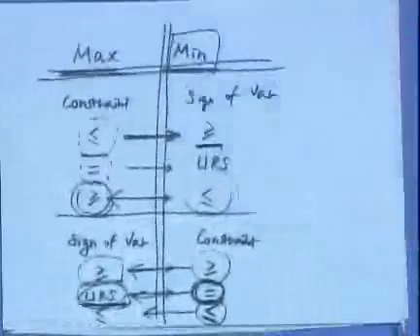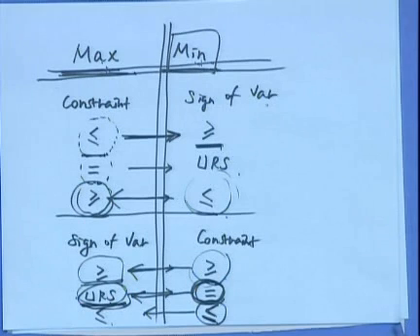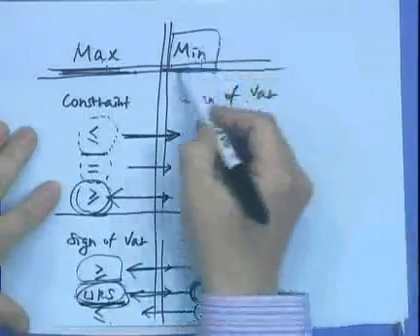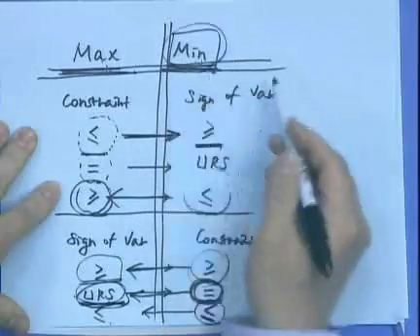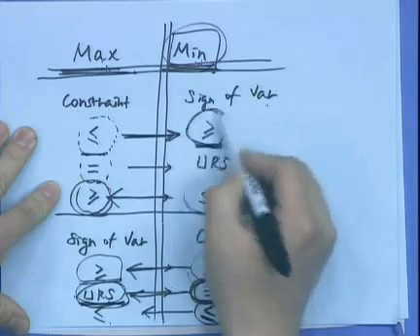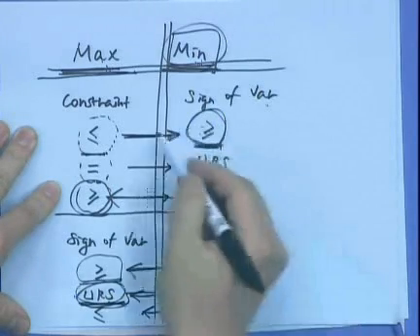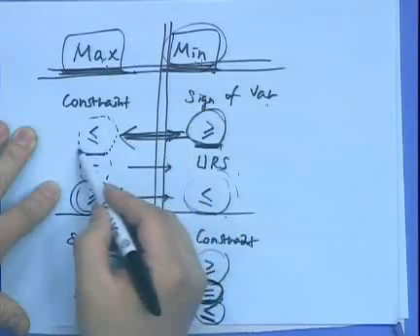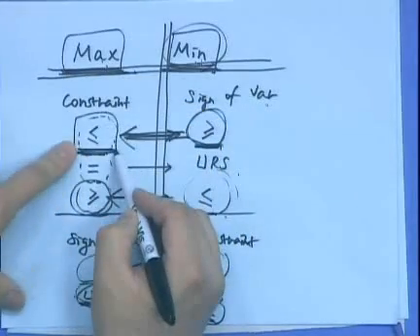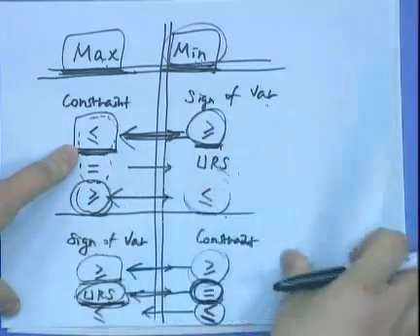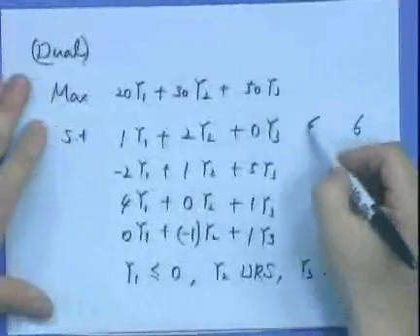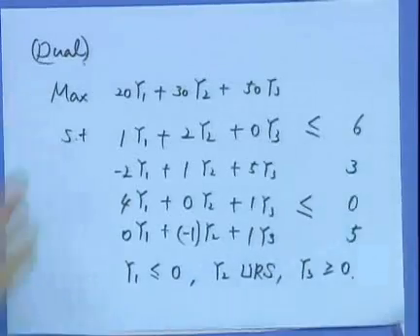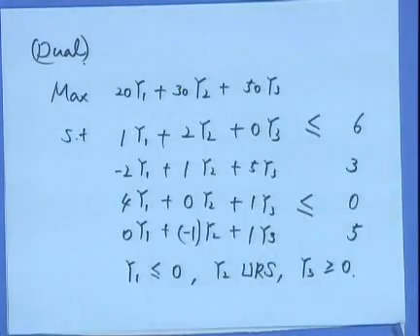And in the primal minimization problem, the first and third variables are greater than or equal to 0, which means in the maximization problem, the first and third constraints should be less than or equal. Okay?